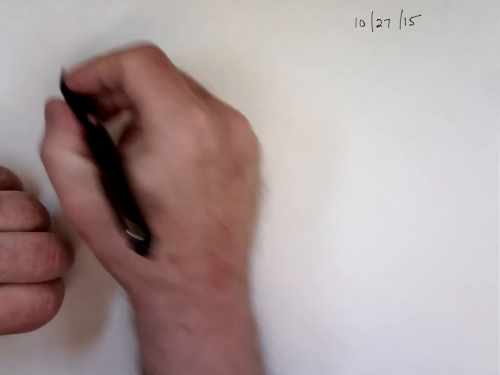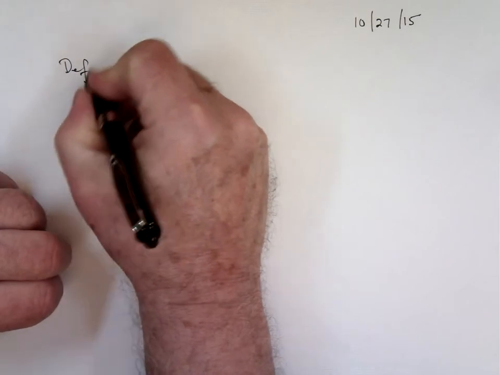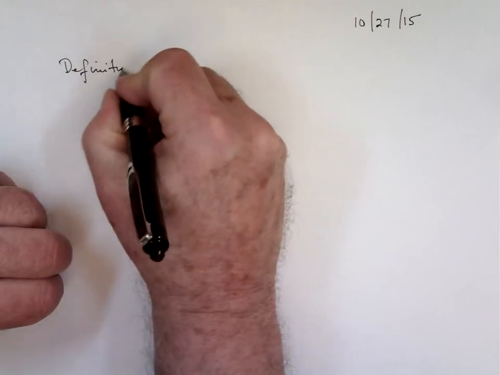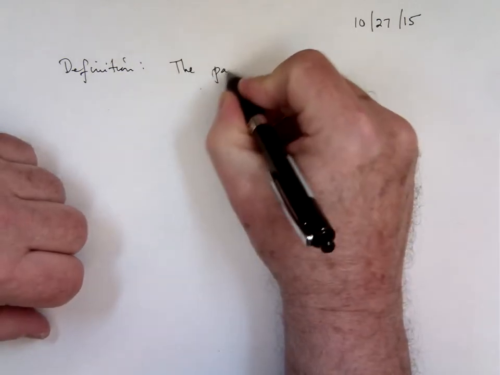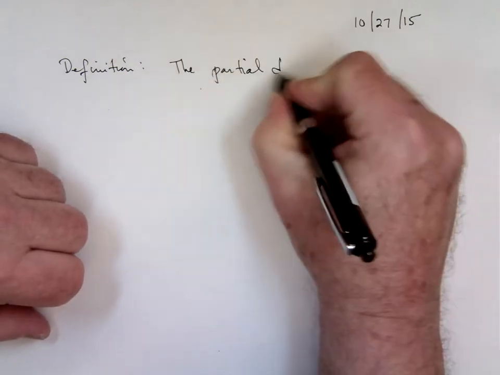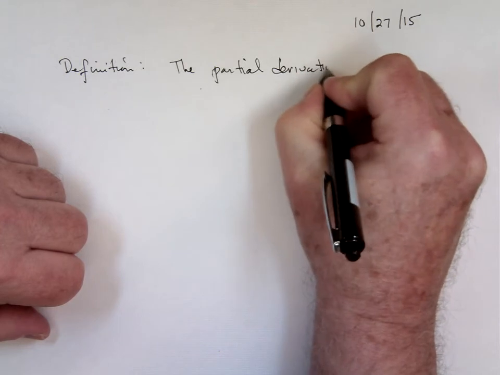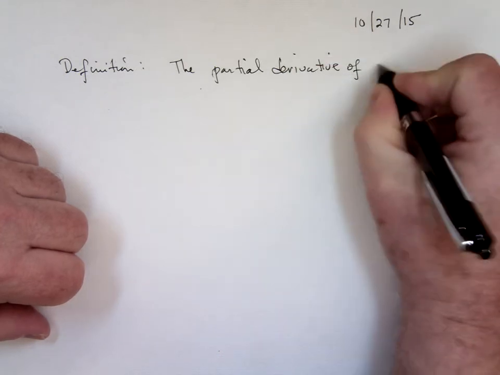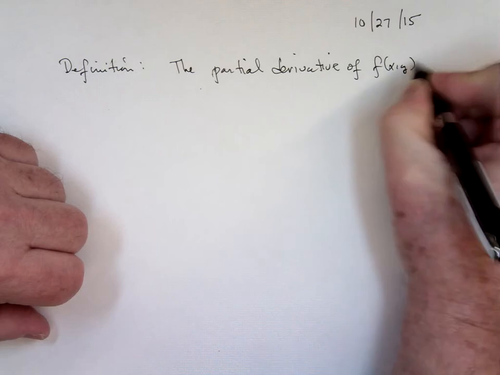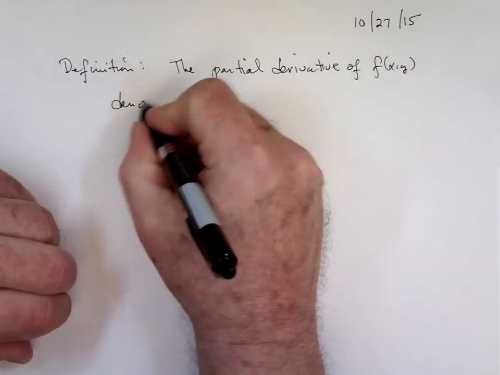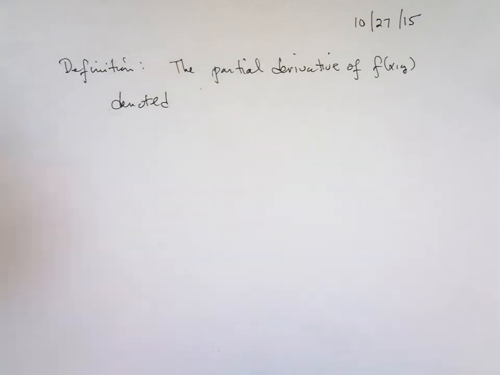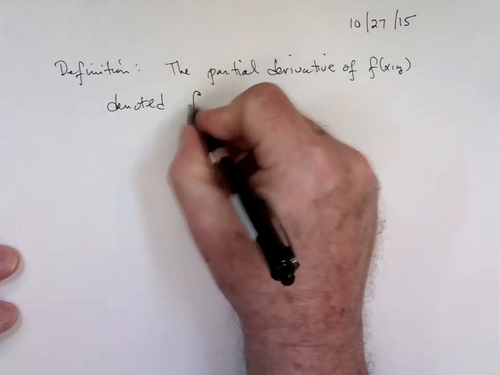We're going to be talking about partial derivatives. I'm going to give you a definition. Definition. The partial derivative of some function of two variables, denoted this way.